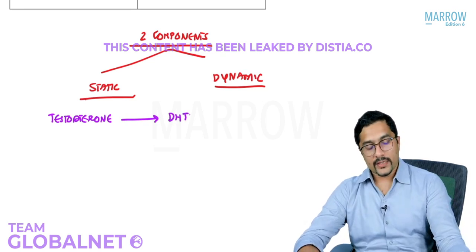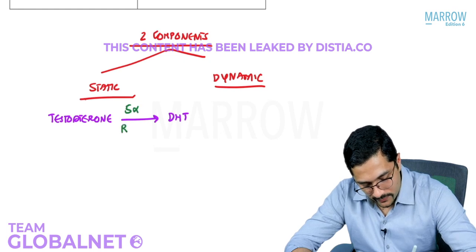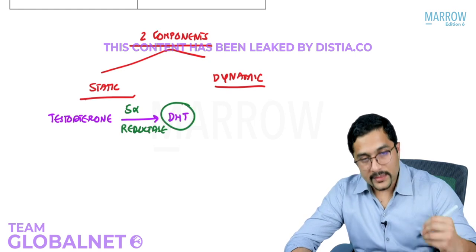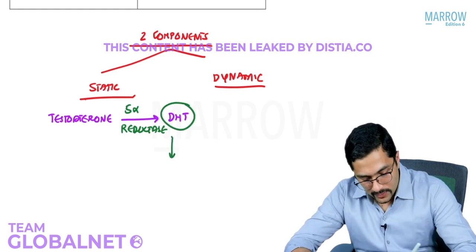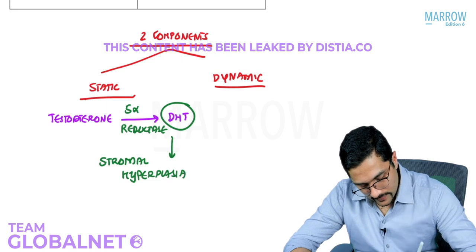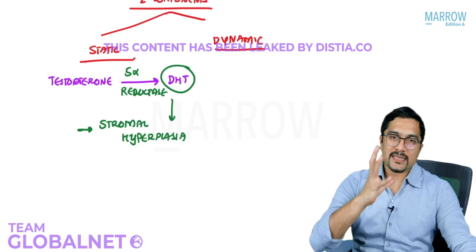DHT is dihydrotestosterone, and the enzyme responsible for this is 5-alpha reductase. Now, this dihydrotestosterone gives rise to stromal hyperplasia, which is responsible for the static component.